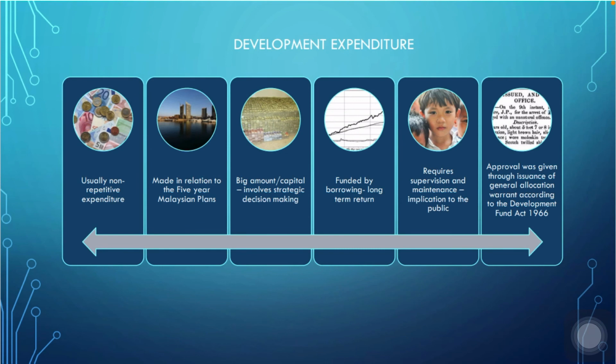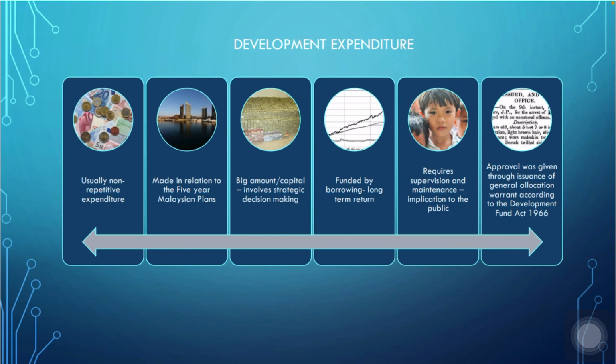Moving on, kita akan tengok apakah perbelanjaan dari sudut development, pembangunan. So basically development expenditure ni kita boleh katakan is the non-repetitive expenditure, because setiap hari nilai mata wang kita tu pun berbeza-beza. So basically dia ikut dengan harga dunia lah kan, and then made in relation to the 5-year plan.